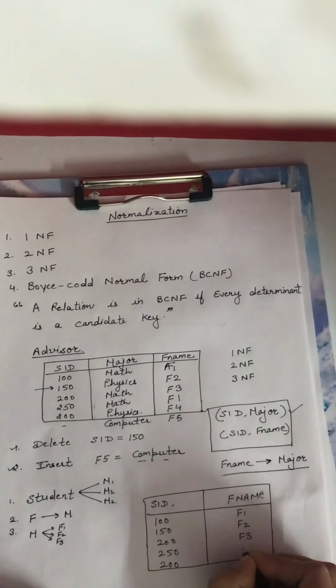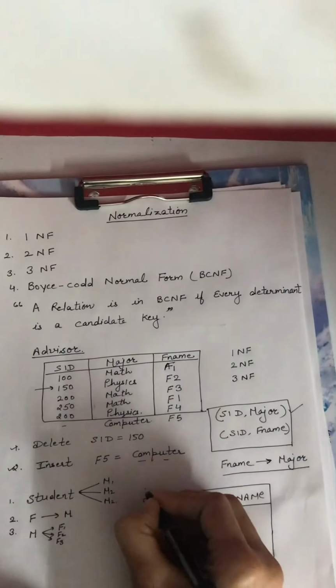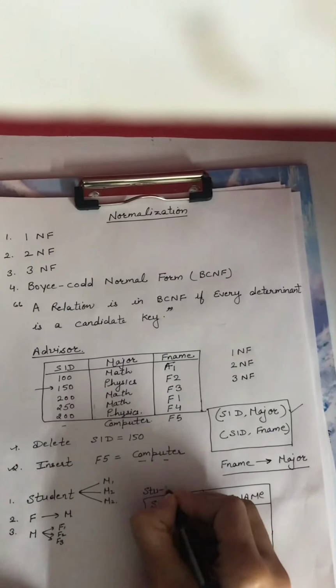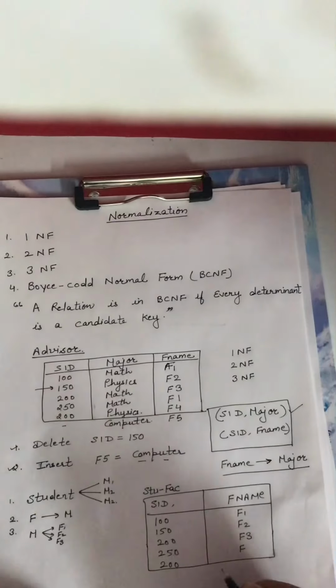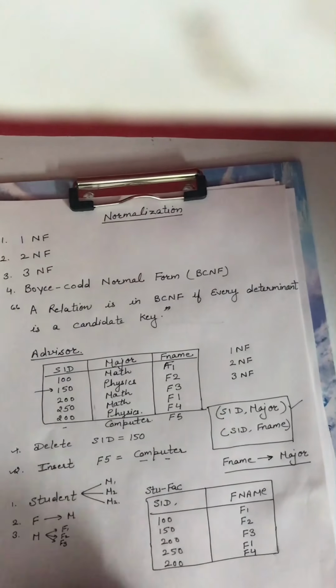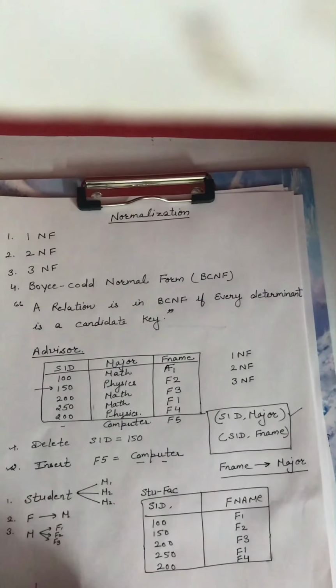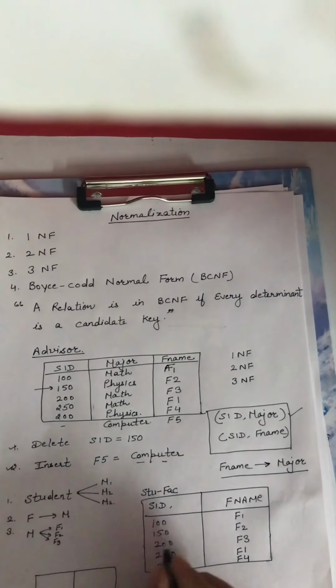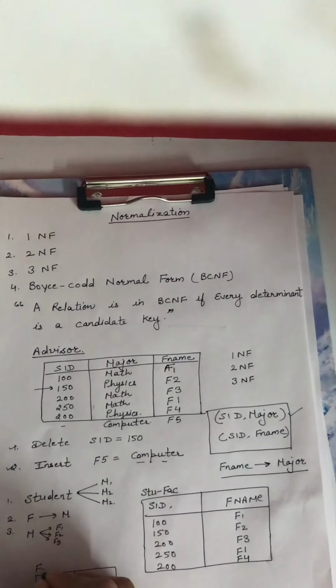This relation will give the information about student and faculty. In another table, we will take information about faculty and major, we can say it as subject.